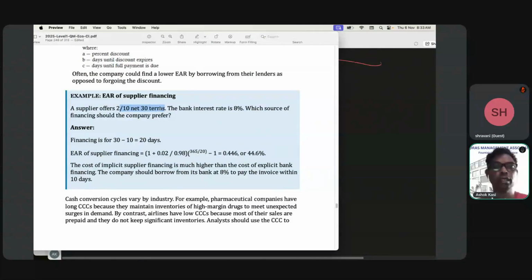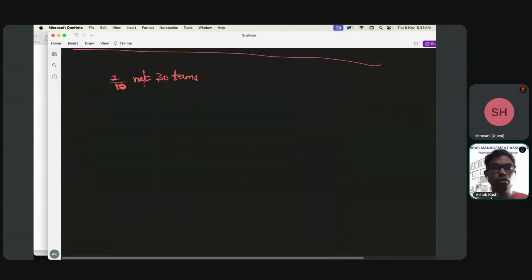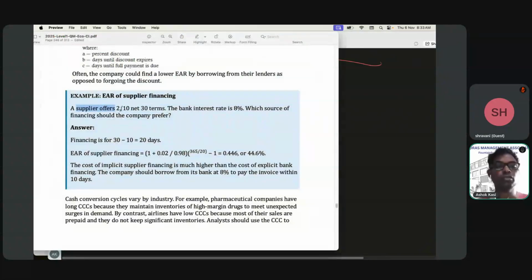It means the supplier is offering 2 by 10.